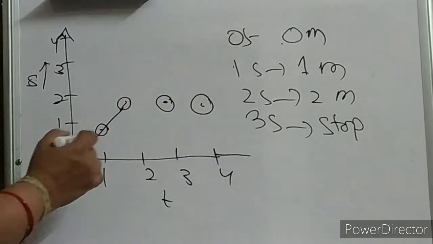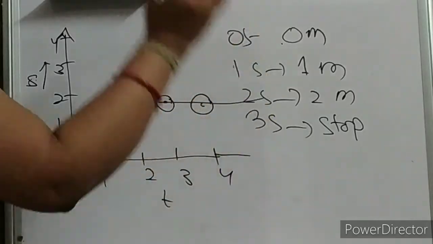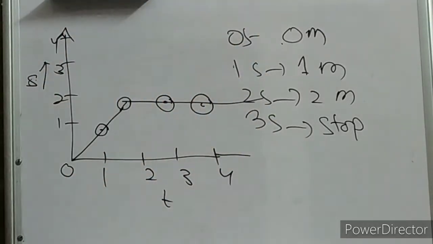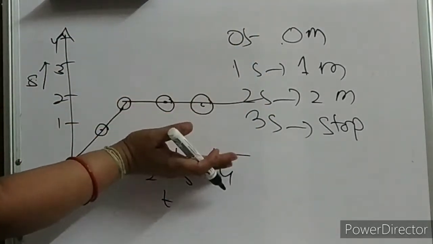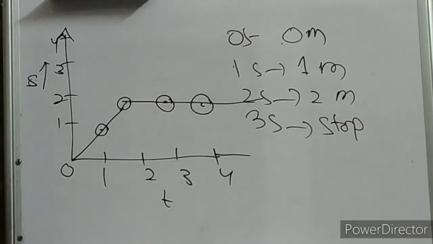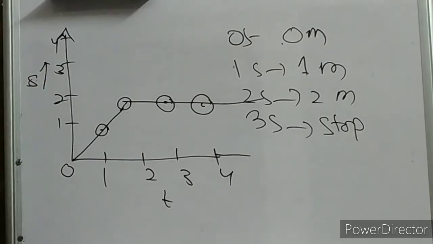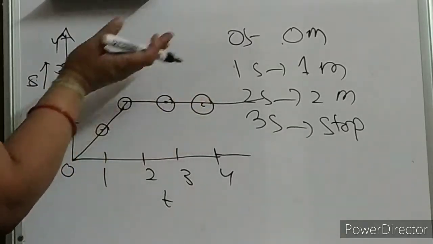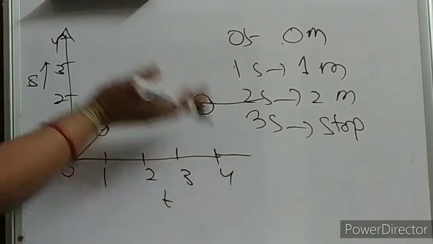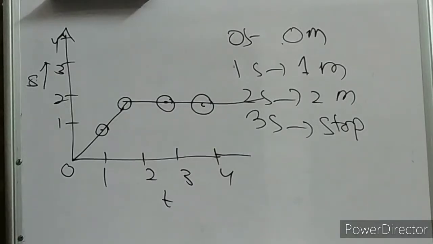No change in distance. So what is the graph? See the graph now. This part of the graph is parallel to the time axis. That means your object is not moving now. It is at a constant place. No movement of your object. Since the body is not covering any distance, the graph is now parallel to the x-axis, or you can say the time axis. Clear, children, how to draw the graph?